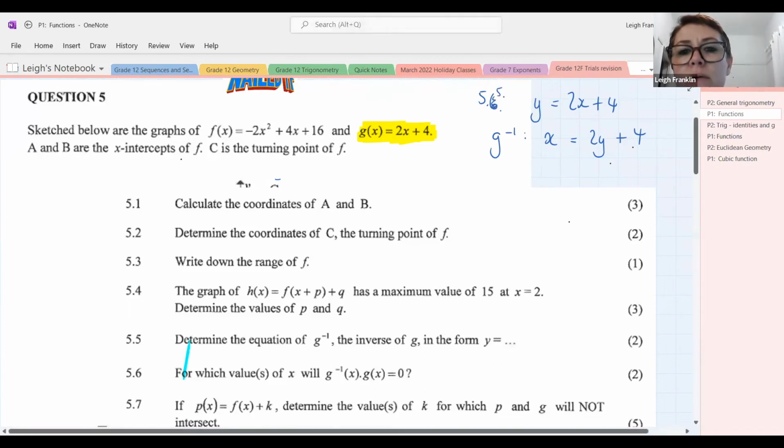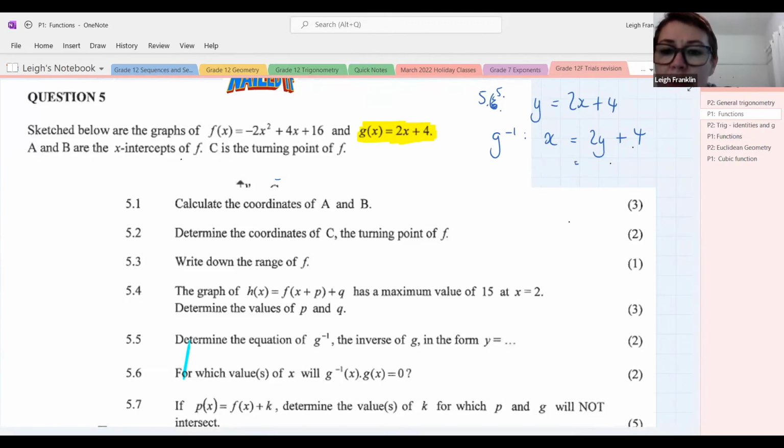Thank you, Palesa. So now when we make y the subject of the formula, we're going to take the 4 over to the other side, and we've got x minus 4. Then what do we need to do? We've got to divide through by 2, by 2 and by 2.